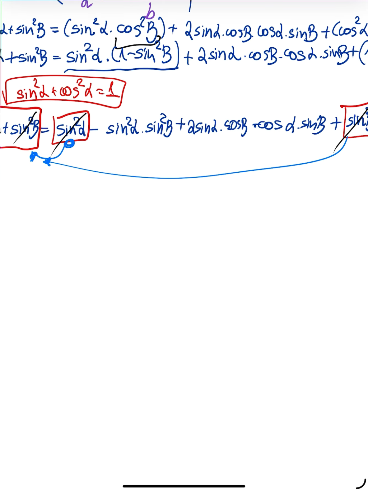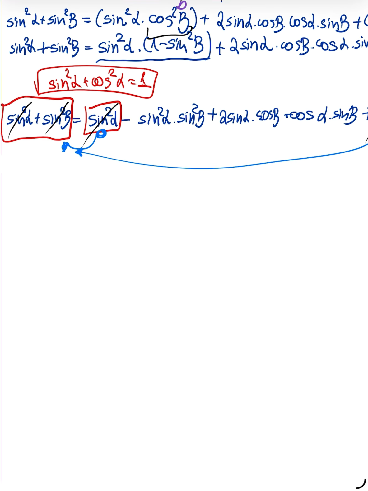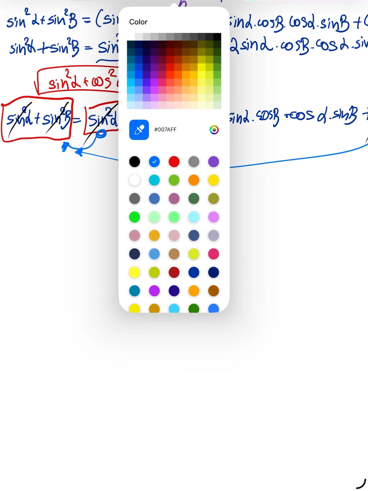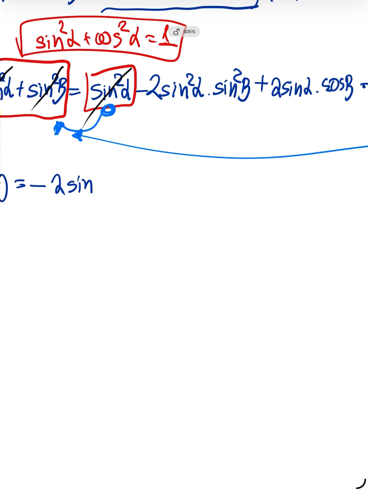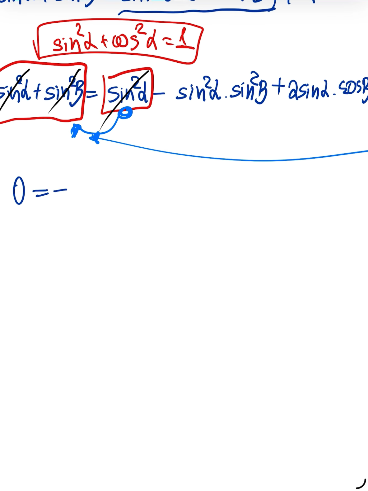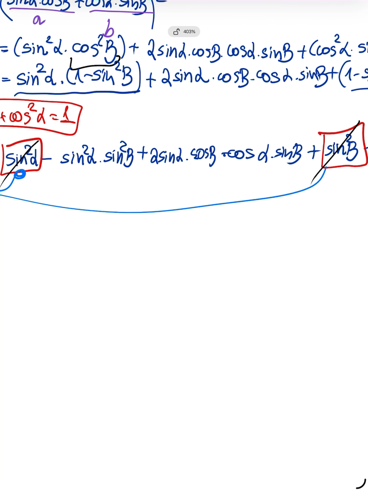And what we now have that is remaining, we have that 0 is equal to minus 2 times... I forgot the 2, minus 2 times sinus... no, I haven't, it's a different thing. 0 is equal to... see this.